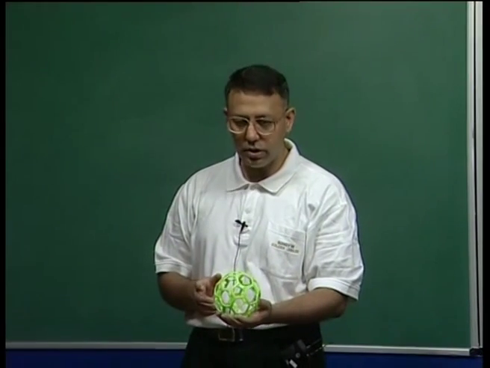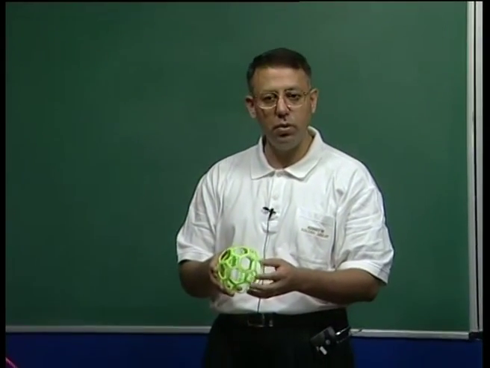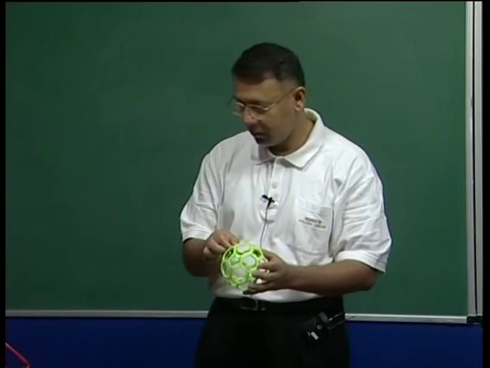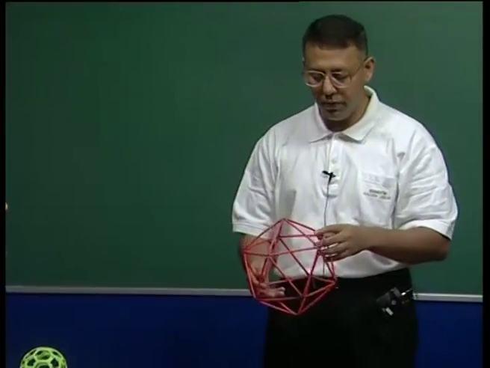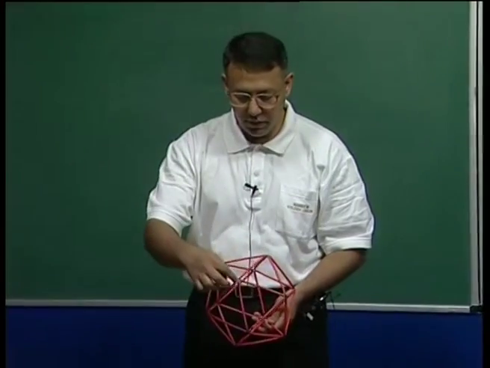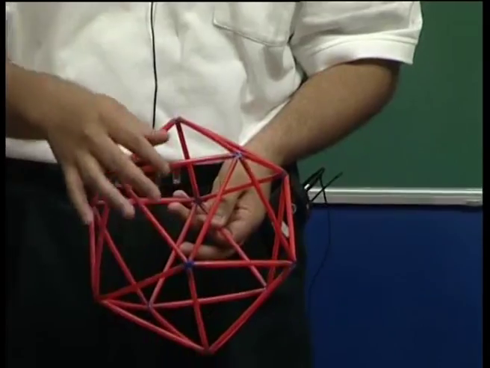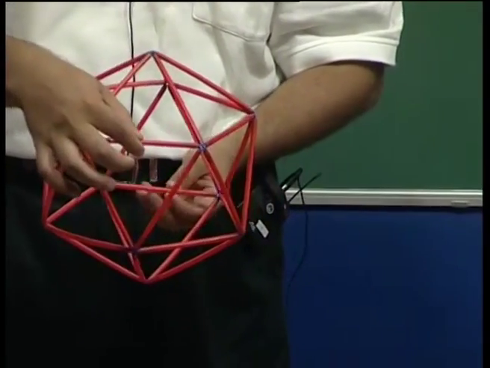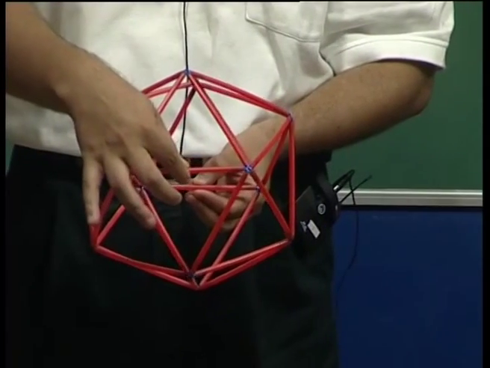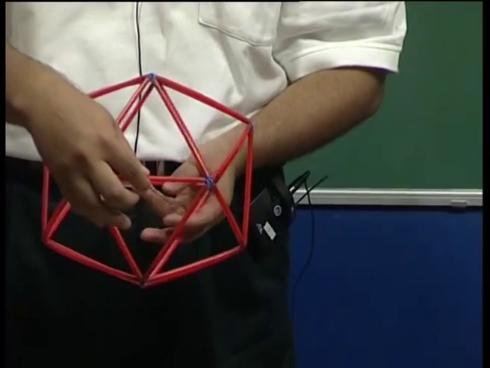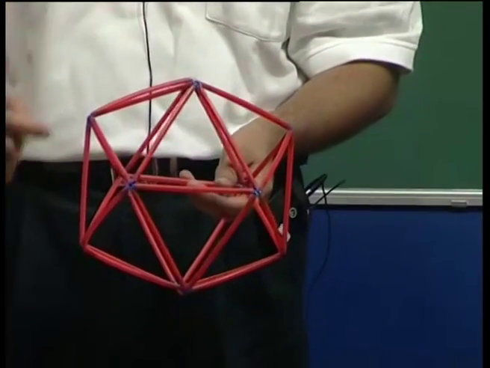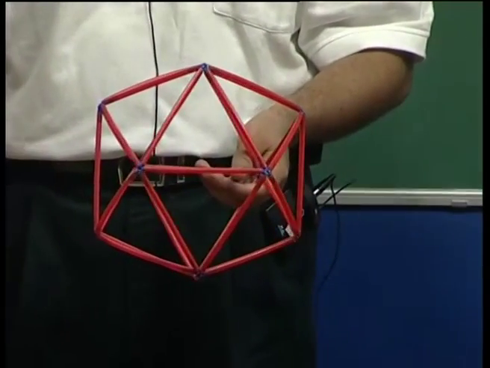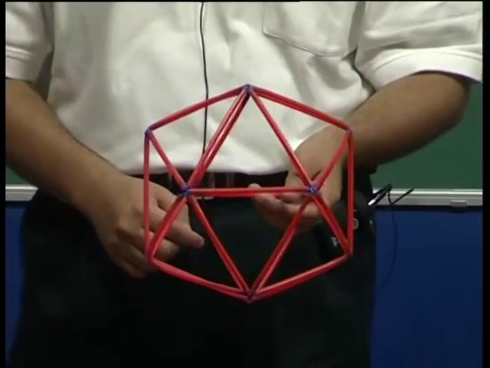To understand this structure, which is very similar to the structure of a football, I can start with an icosahedron, and as you know from before, the icosahedron has 5-fold axes, 3-fold axes and 2-fold axes. If you connect the opposite 2 edges, you get a 2-fold axis, and there are 3 orthogonal 2-fold axes. For instance, this would be a 2-fold axis, the vertical one would be a 2-fold axis, and the third orthogonal axis can also be a 2-fold axis.